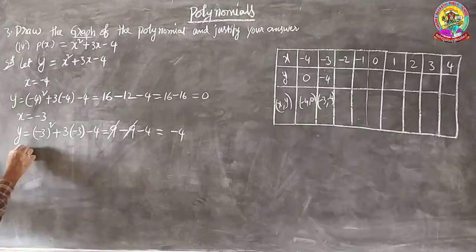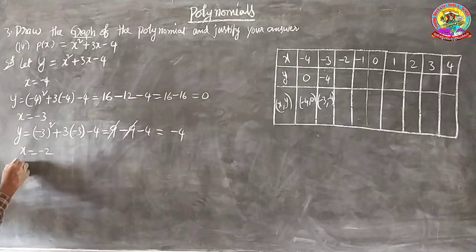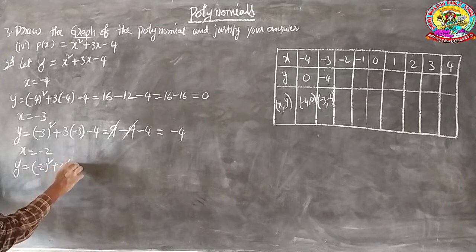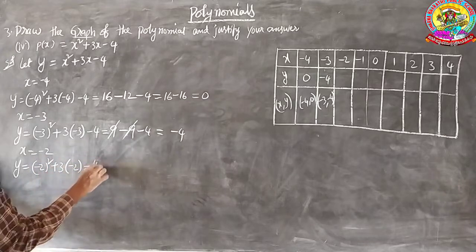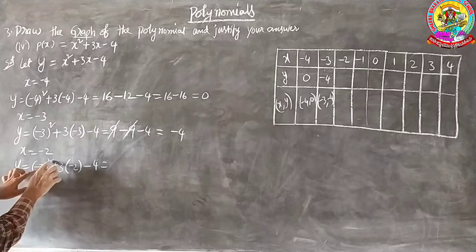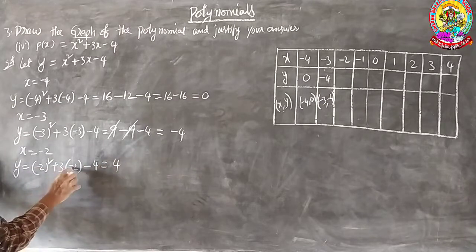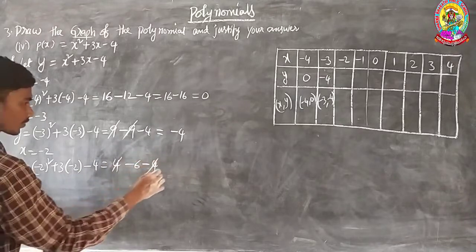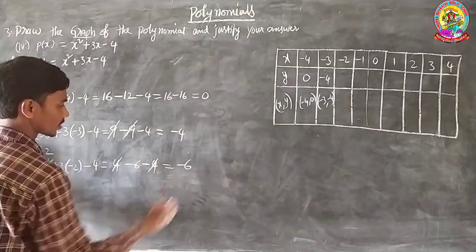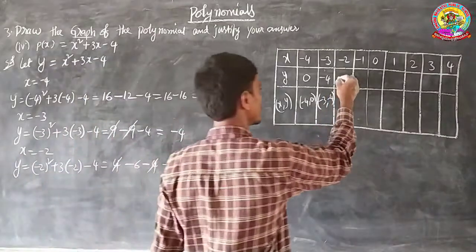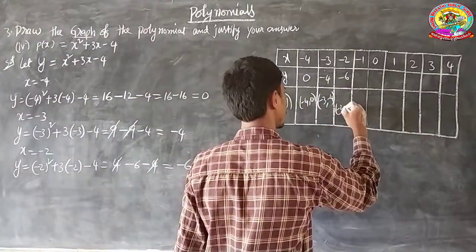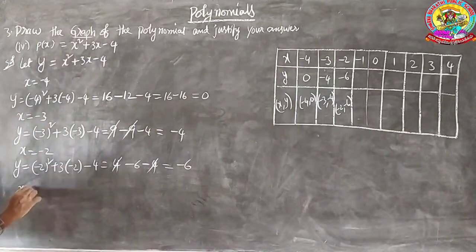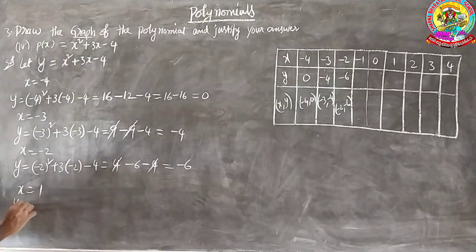Next, at x is equal to minus 2, what will happen? We shall do minus 2 whole square plus 3 into minus 2 minus 4, which is equal to minus 2 whole square becomes 4, plus into minus, minus 3 2s are 6, minus 4. Plus 4 minus 4 cancels, the answer is minus 6. At x equal to minus 2, y is equal to minus 6, minus 2 comma minus 6 is the point. At x is equal to minus 1, we shall do what will happen?